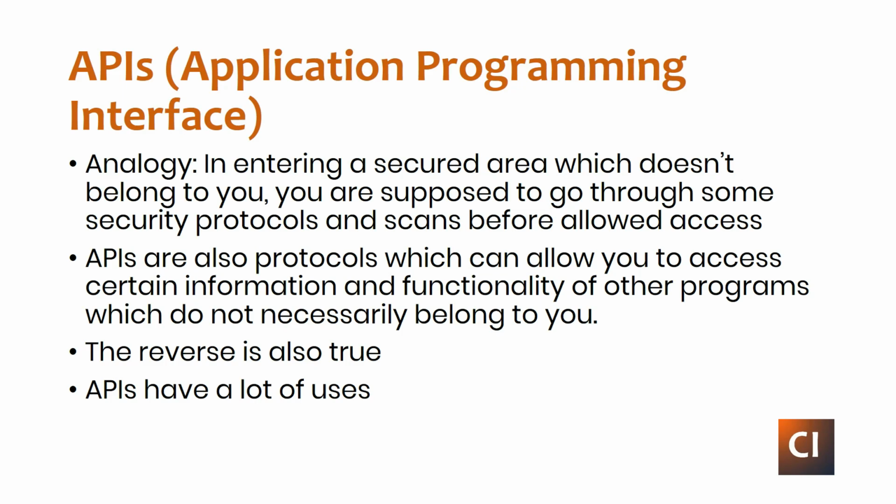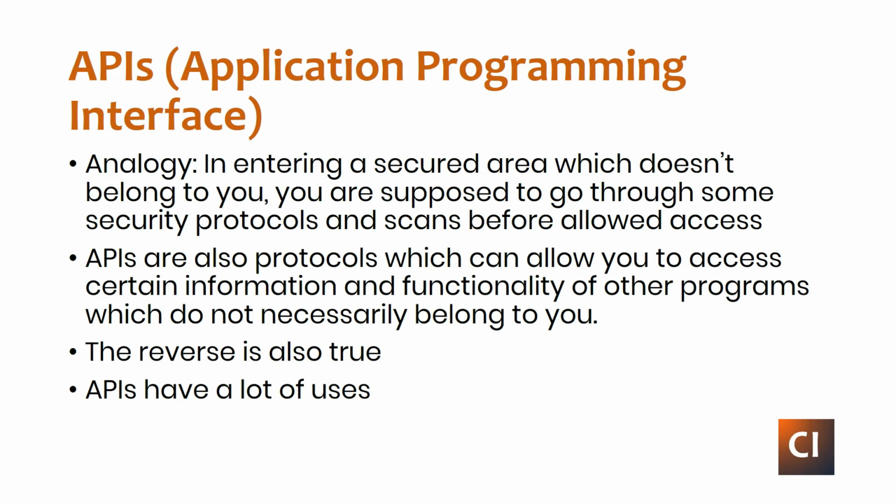As you develop more complicated software, sometimes you need to interact with other software. You need to get access to information from other software. Now, you can't just enter somebody's software just like that. That is when APIs come in. They're protocols designed to help you access information somewhere.